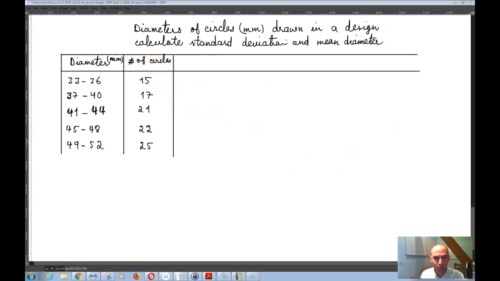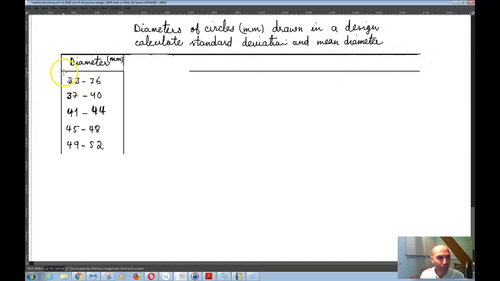I'm going to need the space here, so I'm going to write this as frequency, f of i, and my f of i's were 15, 17, 21, 22, and 25.